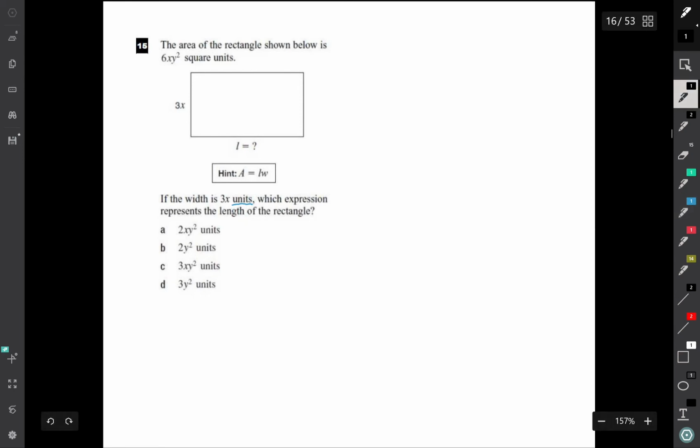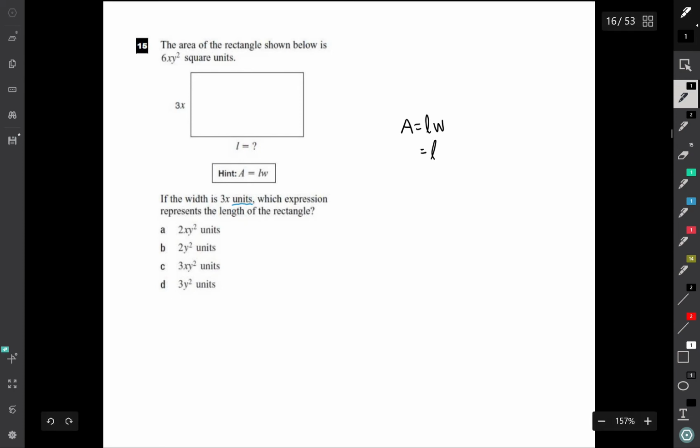Okay, so the area of the rectangle is given, and we're trying to figure out which expression is the length. So again, let's start off with our formula. Length times width. And let's put in what we're trying to find, length, and we're given width.